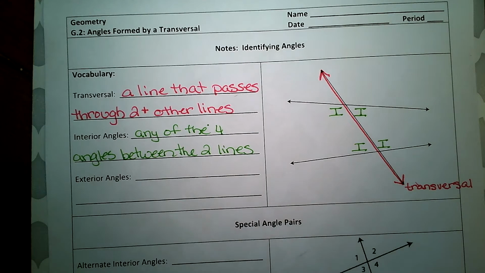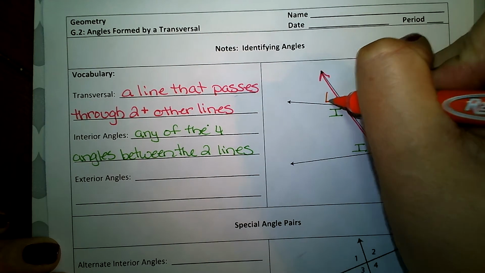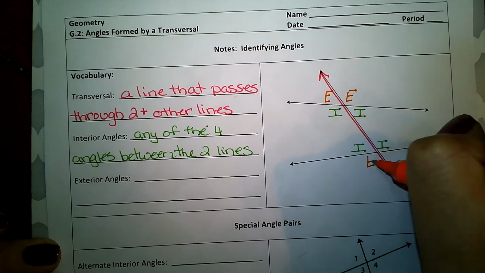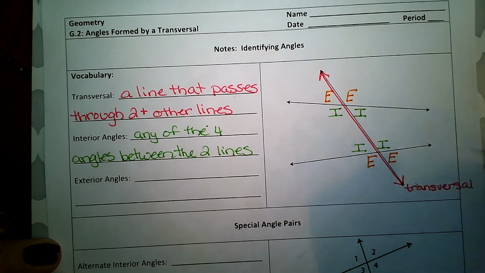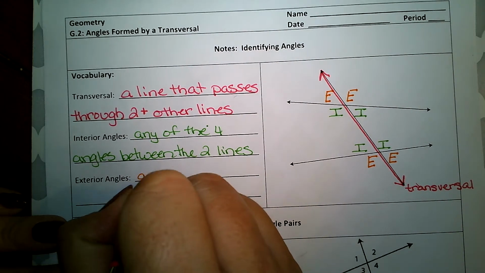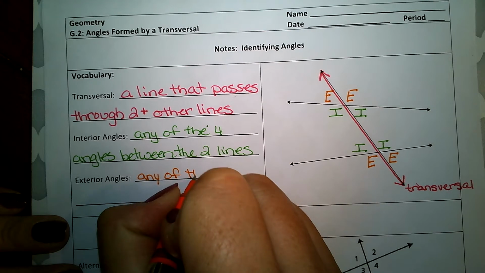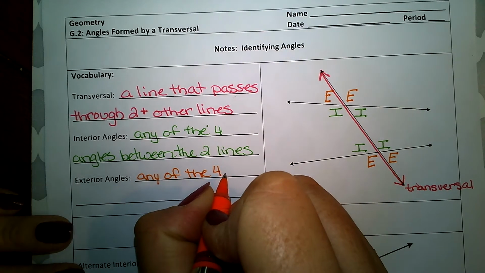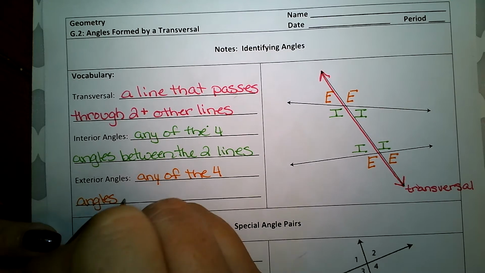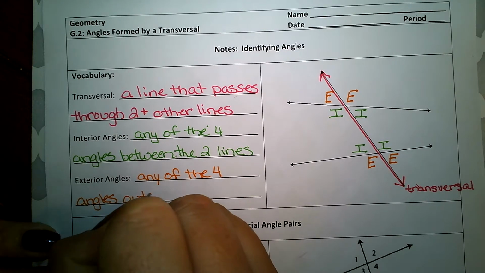The opposite of interior is exterior. I'm going to put a capital E in all of the exterior angles. Exterior angles are the 4 angles on the outside of the 2 horizontal lines.